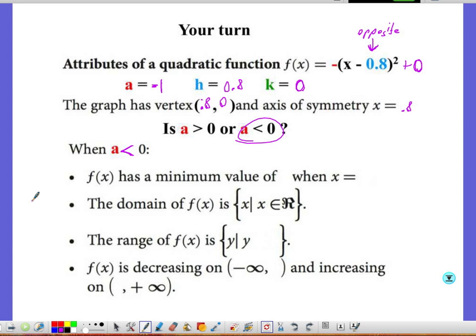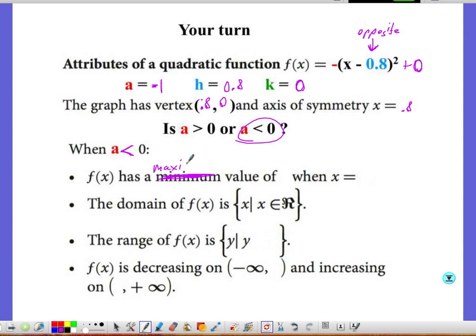Alright. So f of x has a minimum value of k. Is that correct? It shouldn't be minimum. It should be maximum.